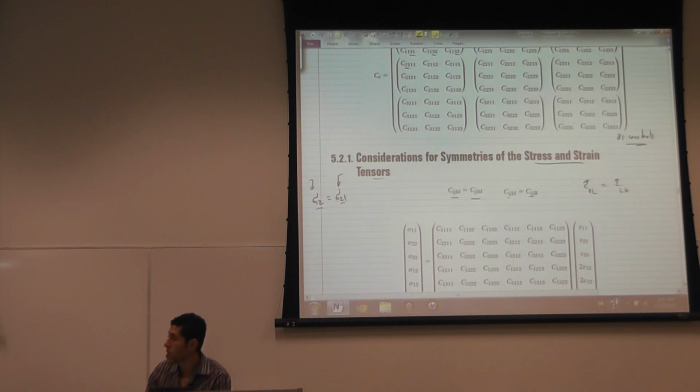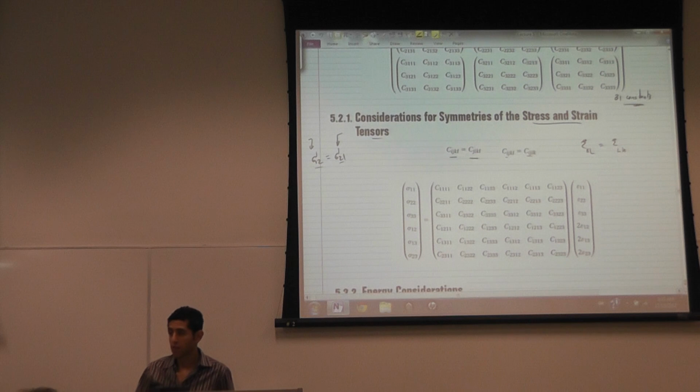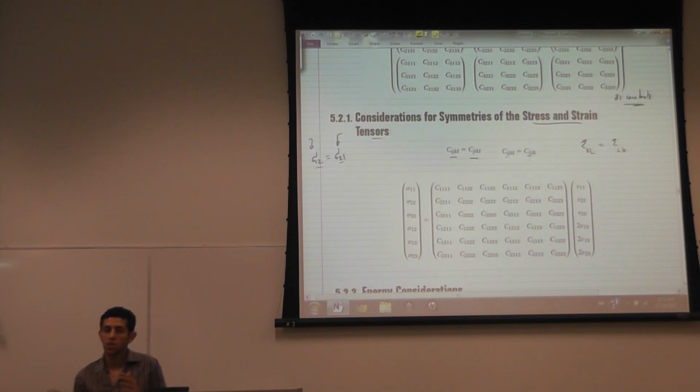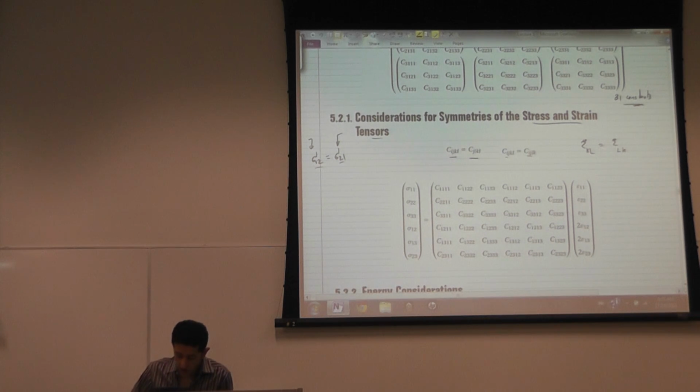And because I want a simple relationship between the stress and the strain, I'm going to look at the stress as if it's a vector. Now we know that the stress is a matrix, but I'm just going to represent it as a vector because I need to find a relationship between the stress and the strain. So I'm going to replace the 9 components with a 6 by 1 vector with 6 components, and the strain with a 6 by 1 vector with 6 components, but I'm going to add epsilon 12 to epsilon 21.